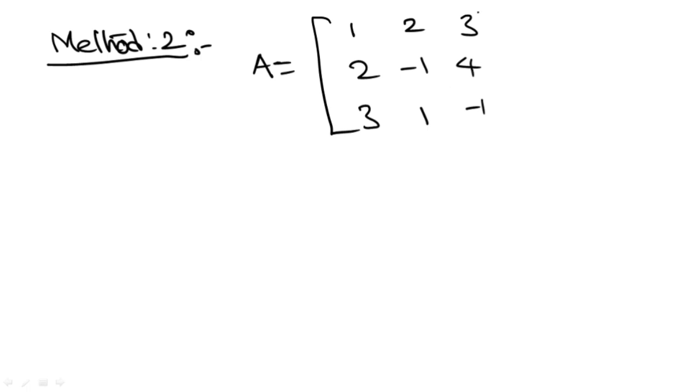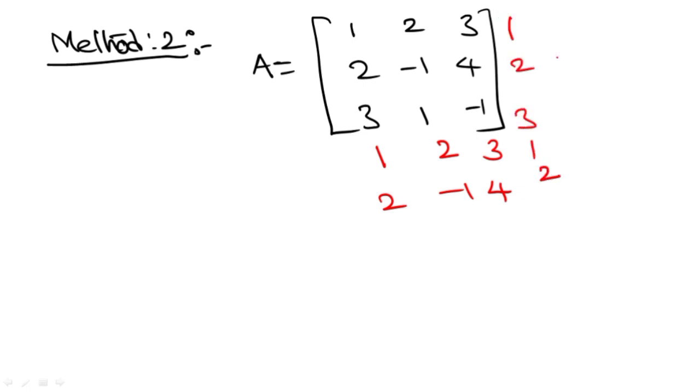Here I would like to repeat the first row and second row. And again I would like to repeat the first column and second column. I need to delete the first row and first column.